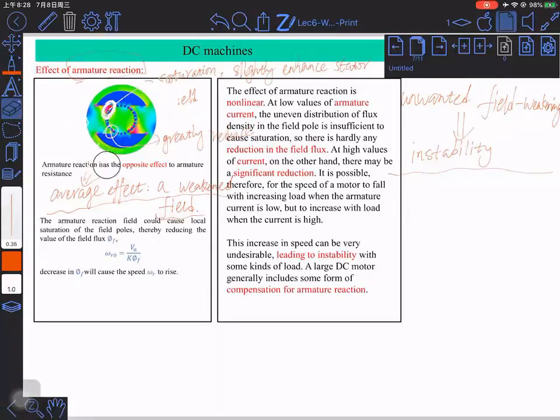But you might be questioning that, yes, we have an overall weakened magnetic field due to magnetic saturation. But what does this mean to us?